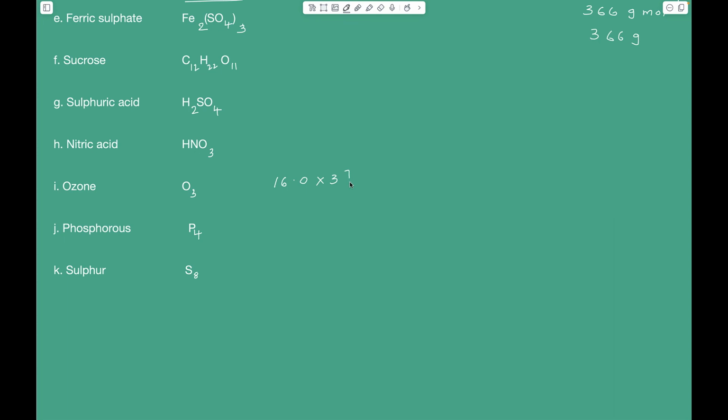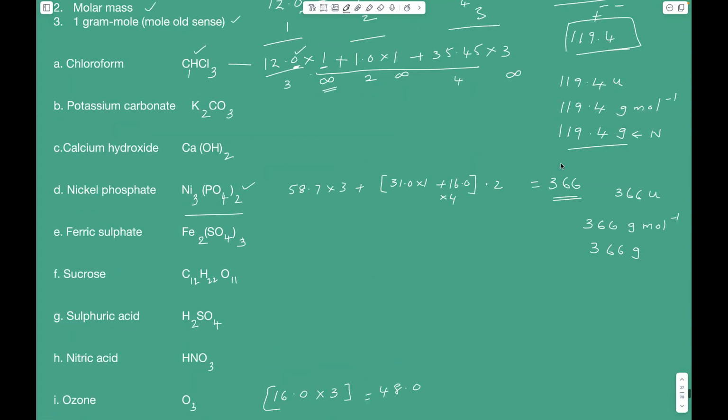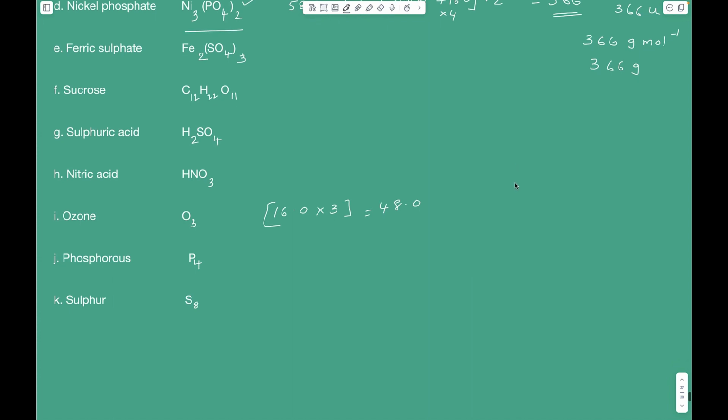So when you multiply it with its atomicity, you would get its molecular weight, that is 48.0. Then what is its molecular mass? That is mass of a single ozone molecule, that is 48.0 expressed in unified atomic mass units.